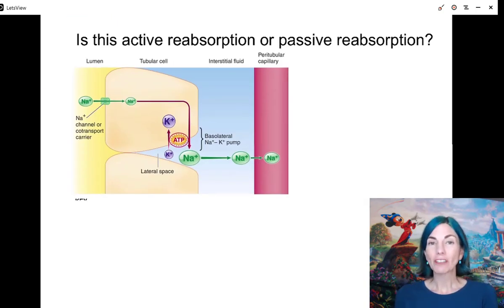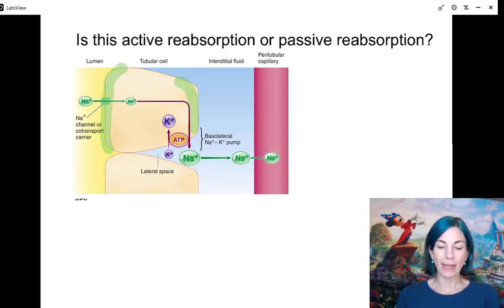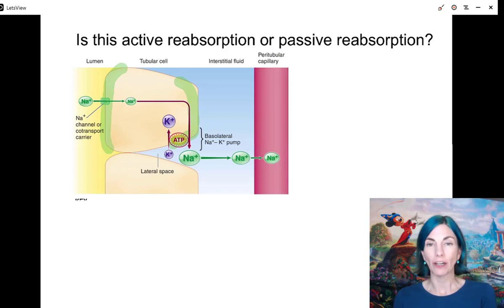Please take a good look at this image, pause if you need to, and then answer this quiz question. Is this active or passive reabsorption? Remember that if we pay for something at either end, either the apical membrane, which would be here, or the basolateral membrane, which is here, it's active.